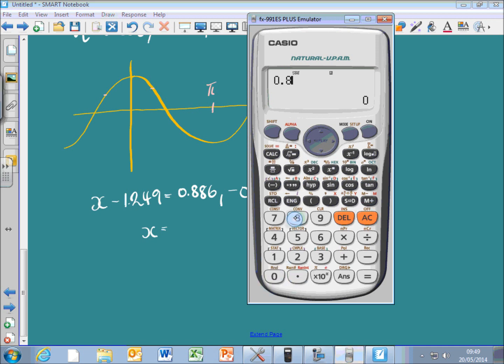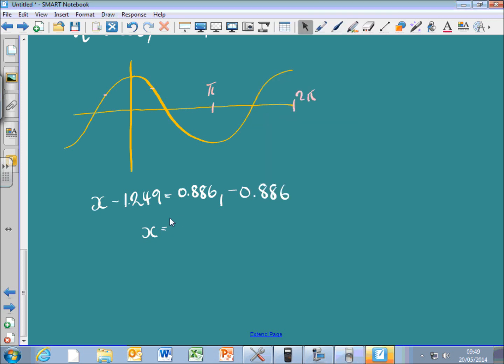So I've got 0.886 plus 1.249, I get 2.135. And 1.249 take away 0.886 gives me 0.363. So there's my two values of x.